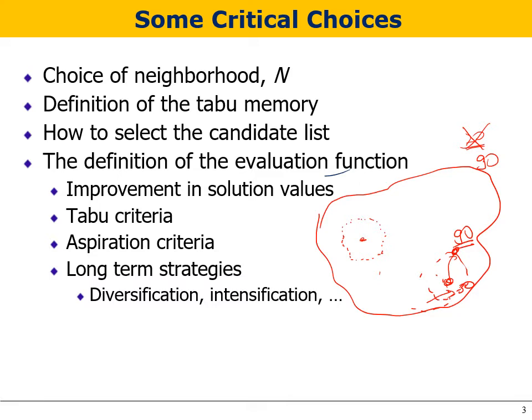So in some algorithms you may decide to generate a subset of these neighbors due to some algorithm or limitation, and then among these you need to select one of them. And how do you select? Usually the selection criterion is to evaluate the objective function values for all of them and jump to the best one.